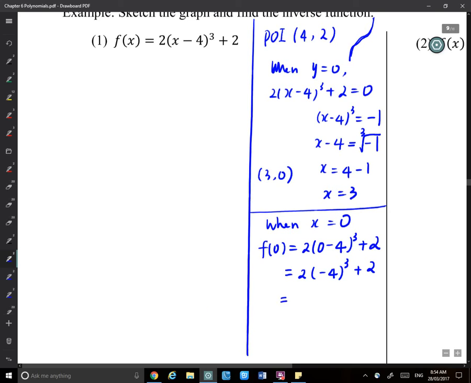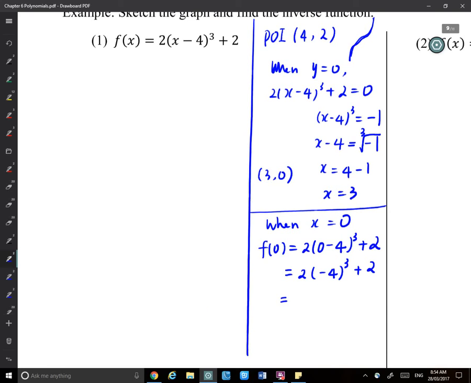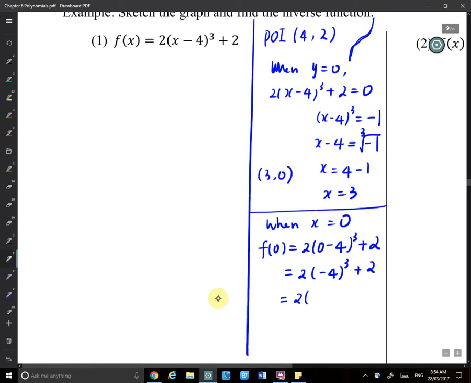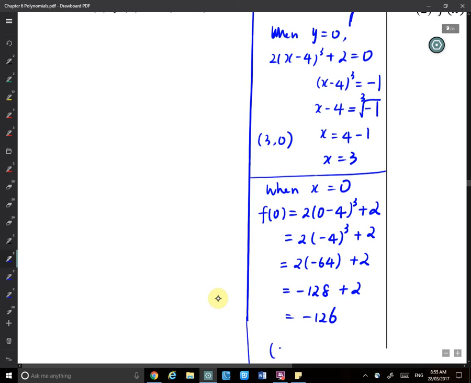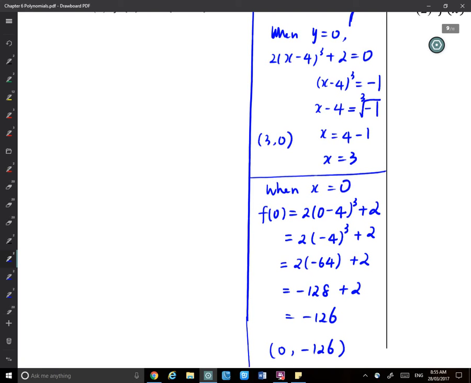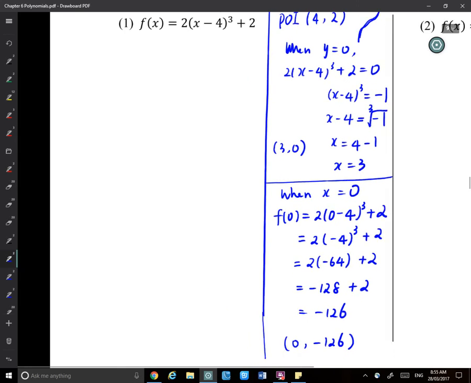Negative 4 cubed, so 16 times 4 is 64, minus 64. So 2 times minus 64 plus 2 is minus 128 plus 2, and that's minus 126. It's a really big number. So I have (0, minus 126). I'm not going to sketch this to scale. So just assume it's somewhere around there.